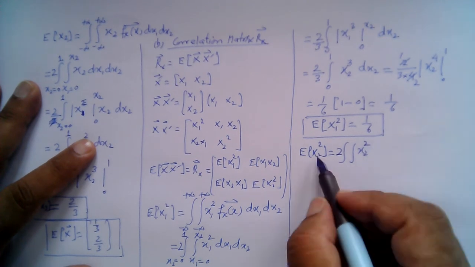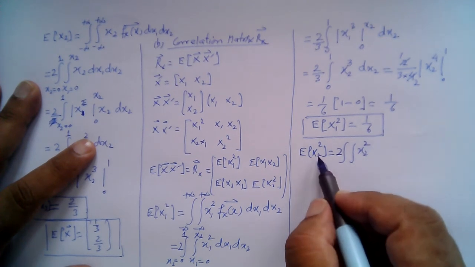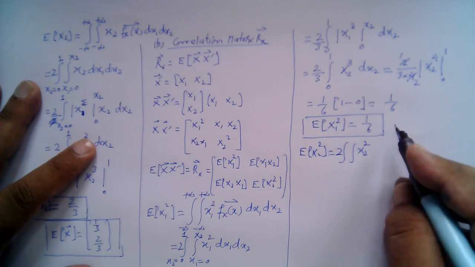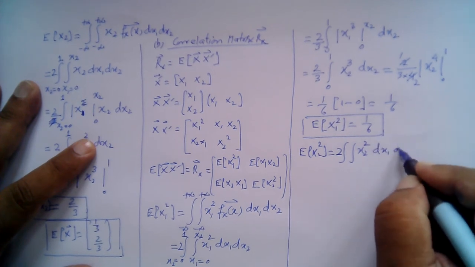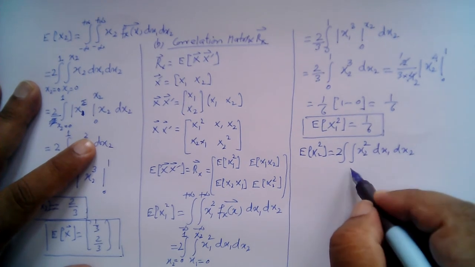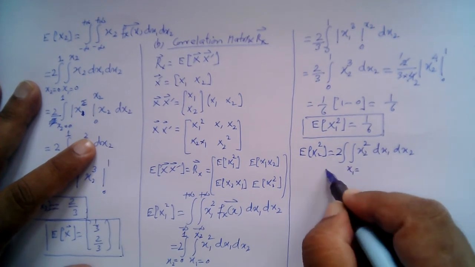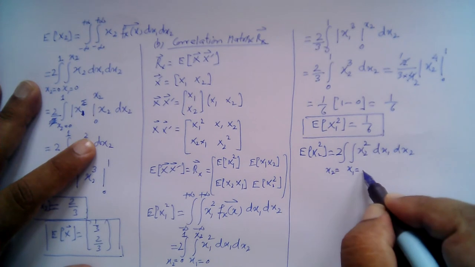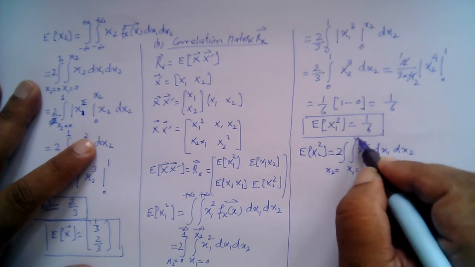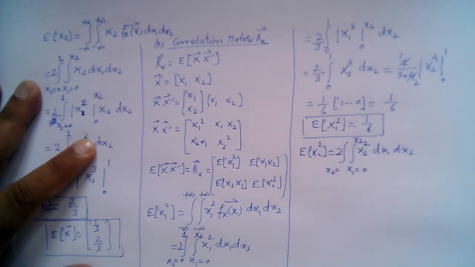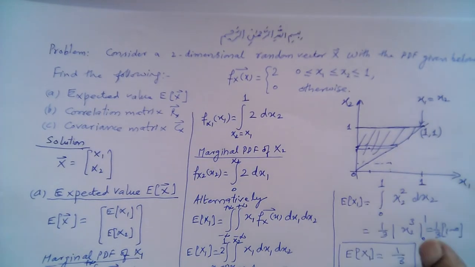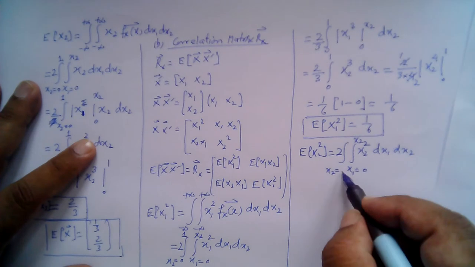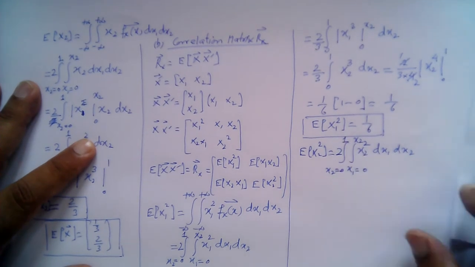We are calculating the expected value of x2 square, so x2 square and dx1 dx2, and the limits for x1 are 0 to x2, and for x2 are 0 to 1.